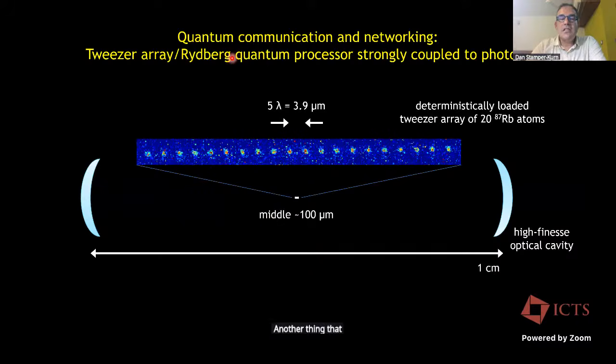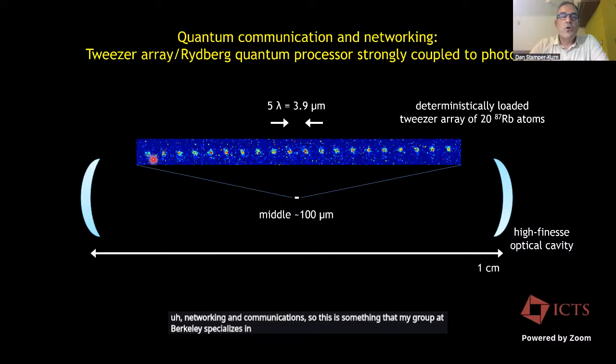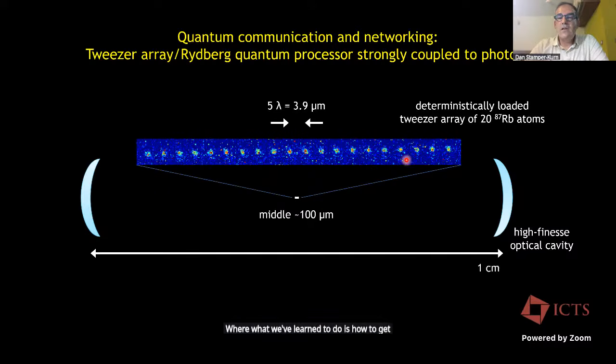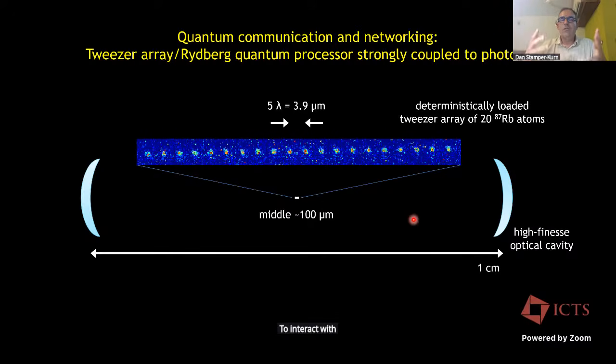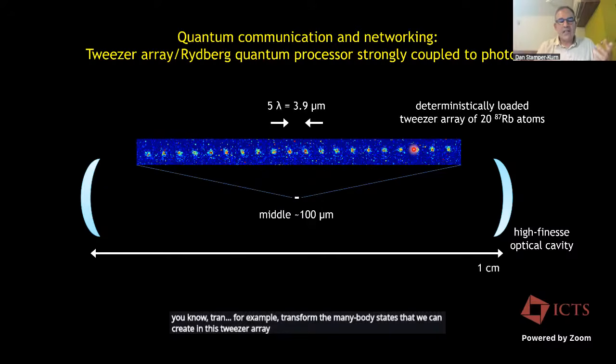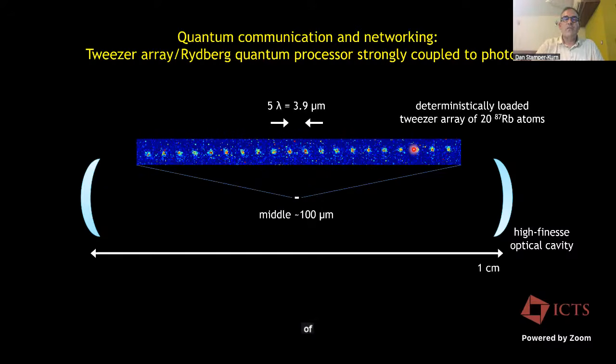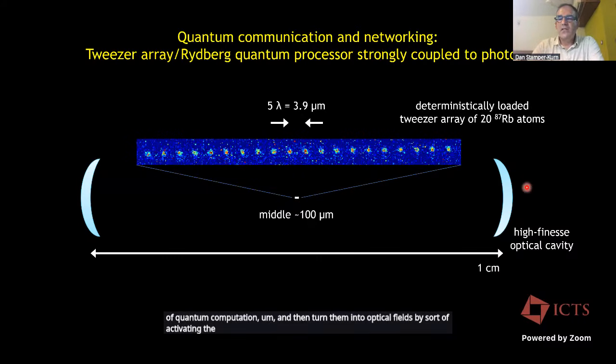Another thing that it's changing is the application of cold atoms toward networking and communications. This is something that my group at Berkeley specializes in, where what we've learned to do is how to get a counted number of atoms in a tweezer array to interact with single modes of the electromagnetic field, with the idea that we can, for example, transform the many-body states that we can create in this tweezer array, maybe using the techniques of quantum computation, and then turn them into optical fields by activating the atoms optically, so that what comes out is a very interesting state of optics.